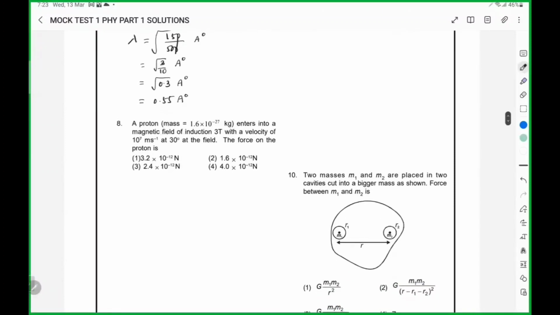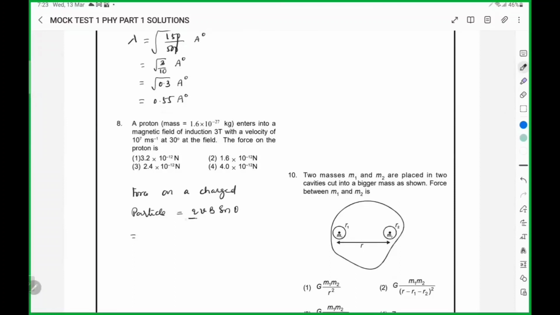Here a proton of mass m enters into a magnetic field with a velocity. The force on a charged particle is QVB sin theta.